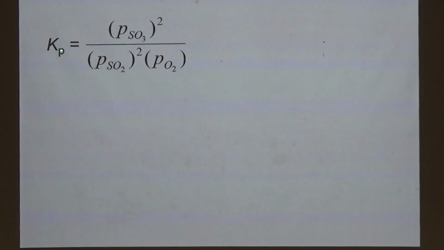When you are writing the Kp expression, we express Kp in terms of partial pressure of SO3, so PSO3. Don't go and confuse your examiners by using square brackets here. Don't use square brackets.